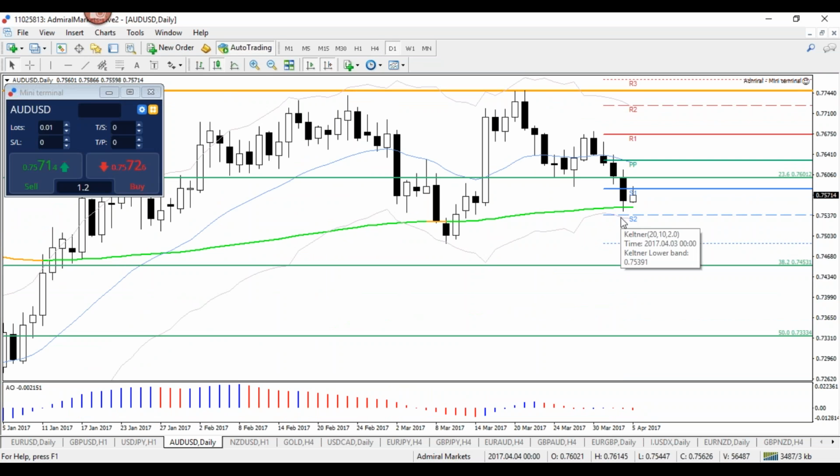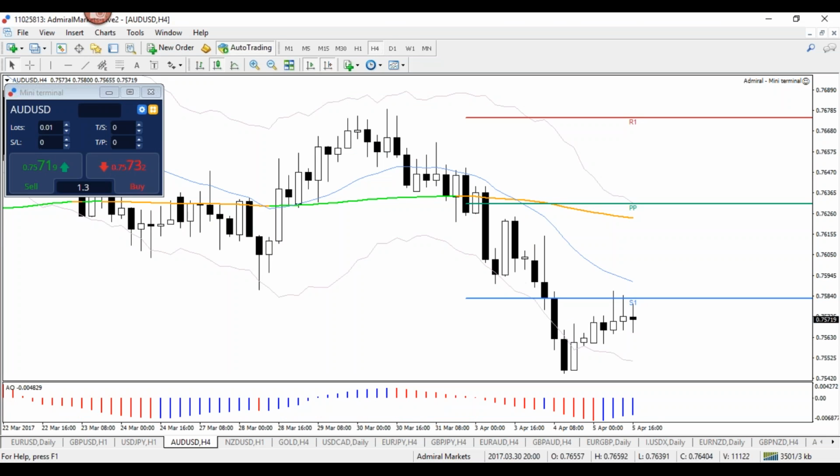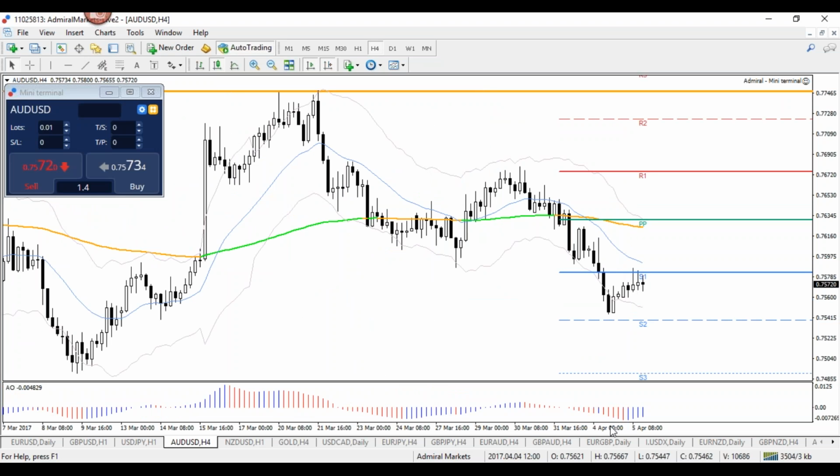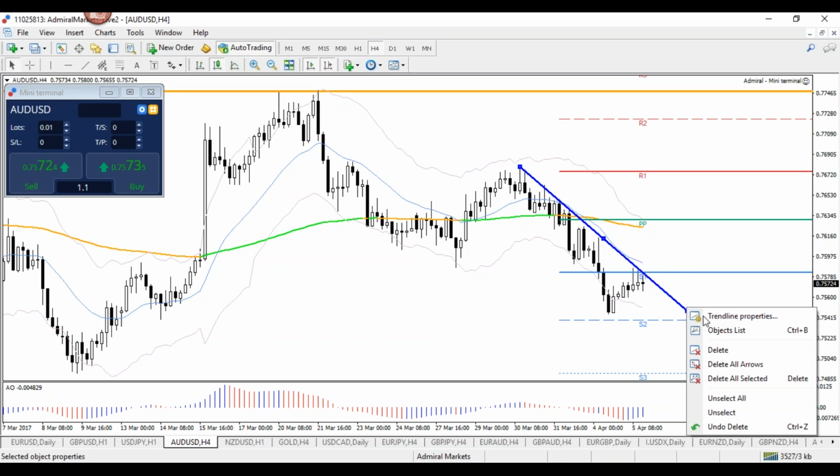S2, moving average, and the Keltner, a pretty strong decision zone, I would say. All right, now this is a bit annoying when price misses it a bit. So not sure at this moment. At this point, it's testing the S1 and this resistance trend line.